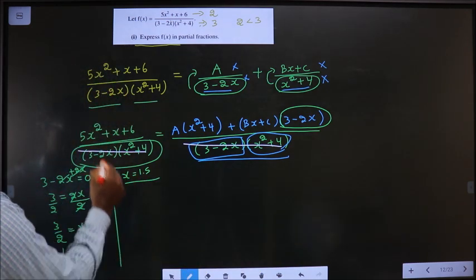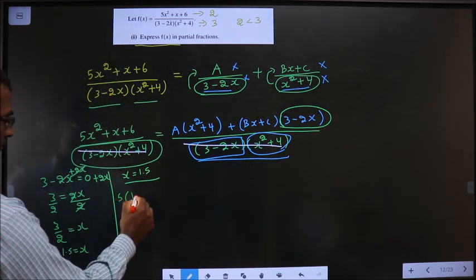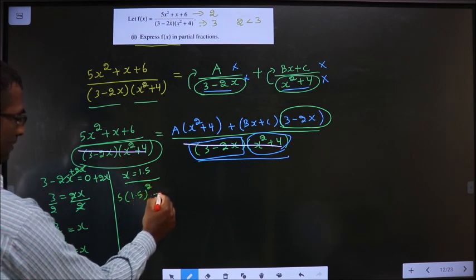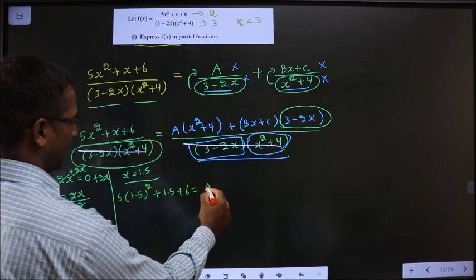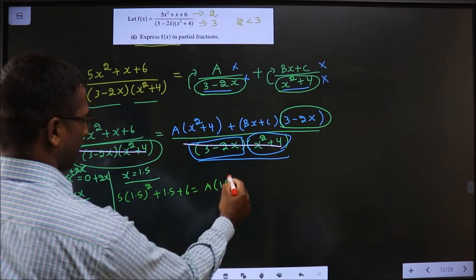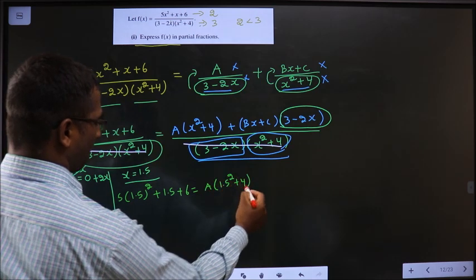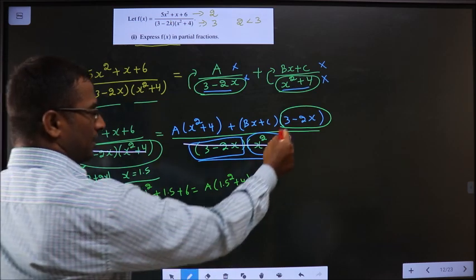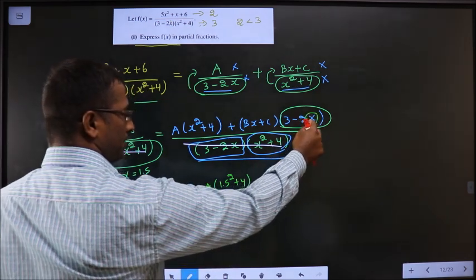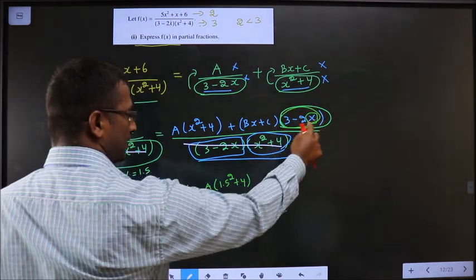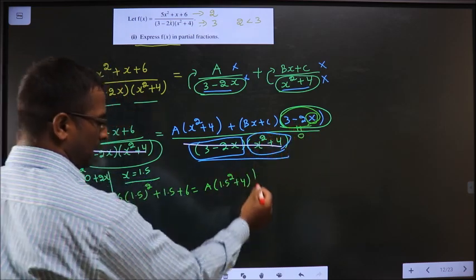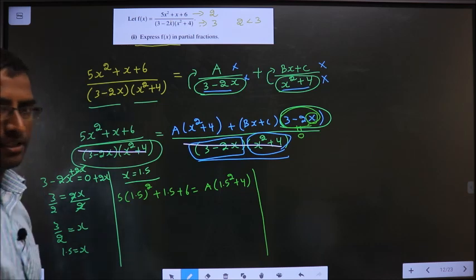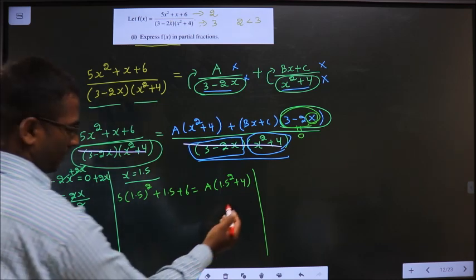What do I get? 5 times 1.5 square plus 1.5 plus 6 is equal to a times 1.5 square plus 4. See here, when x is 1.5, this entire thing is 0. 0 into anything is 0, so that I am not writing. Clear? Next.